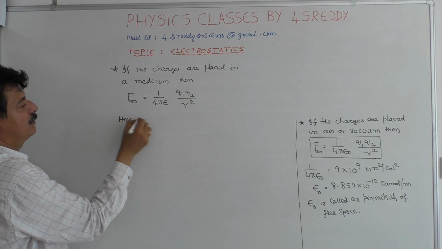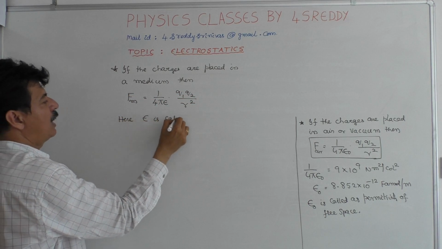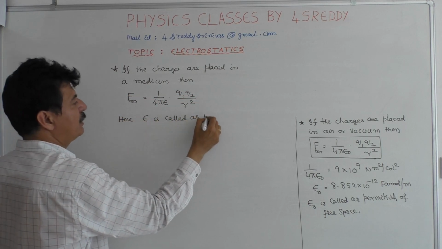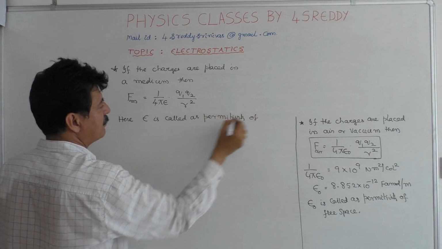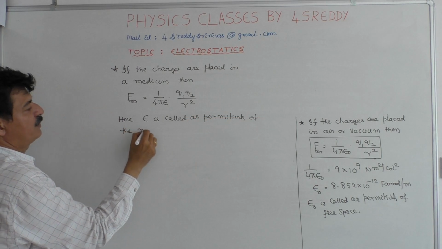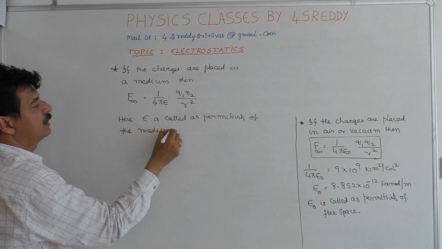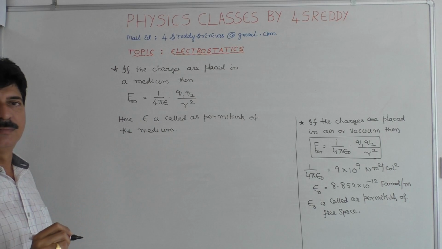Here epsilon is called the permittivity of the medium.